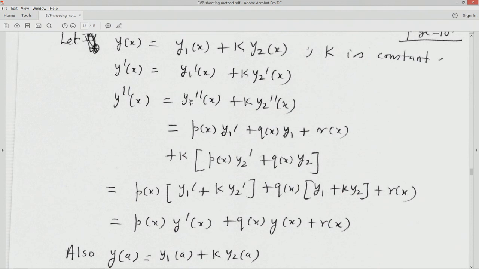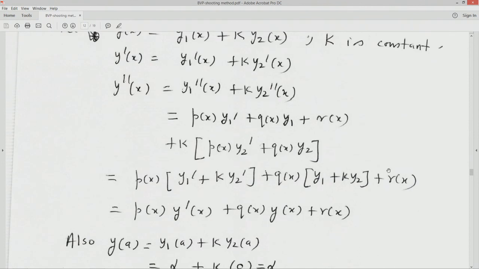So, y1 double dashed of x is p of x y1 prime plus q of x y1 plus r of x, and y2 double dashed of x is p of x y2 dashed of x plus q of x into y2, because that corresponds to the homogeneous differential equation for the boundary value problem. So, we write down the coefficient of p of x, which is y1 prime plus k y2 prime, plus coefficient of q of x, which is y1 plus k y2 plus this r of x.